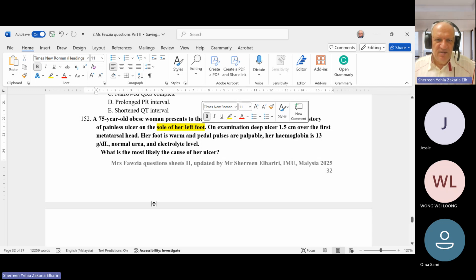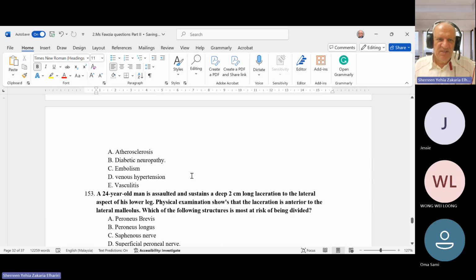So which ulcer can occur in the sole? It must be under pressure. So what could it be? Anyone? Diabetic ulcer. Yeah, diabetic neuropathy or diabetic ulcer, because diabetes includes ischemia and peripheral neuritis, so it is common to have a pressure sore on the sole, and deep penetrating.